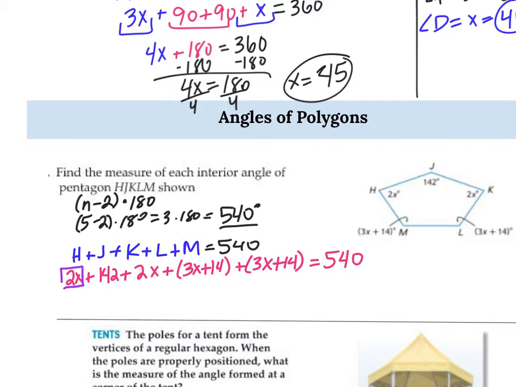So we're going to combine our like terms. Okay, so I'm going to do all of my x's in purple. So we have 2 plus 2 is 4, 7, 10, 10x. And then we have 142, 14, which is 156, plus 14 more is 170.